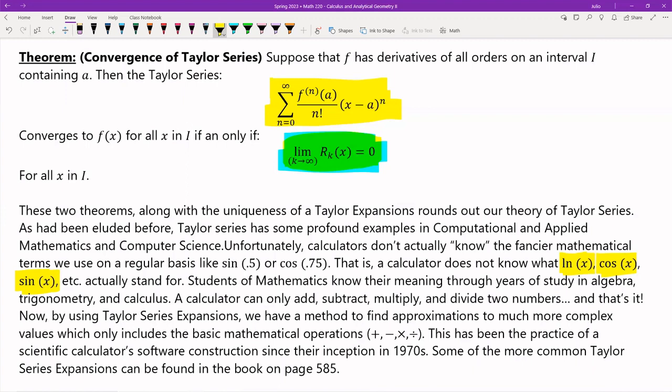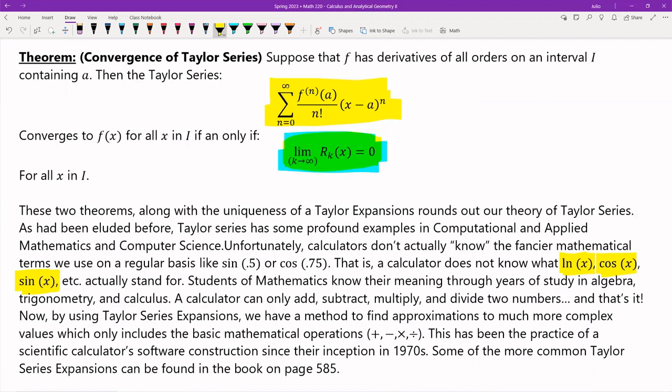If I do that, if you take a look at the result, we have polynomials. That is the end result of all of this. If I wanted to compute anything from that polynomial, all I need is addition, subtraction, multiplication, and division, which is something that a calculator can do.